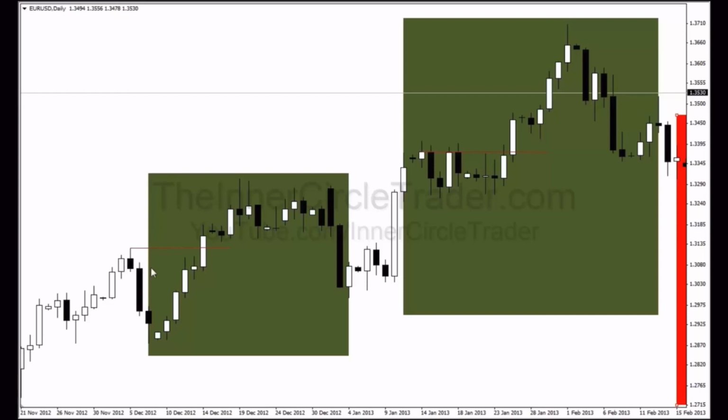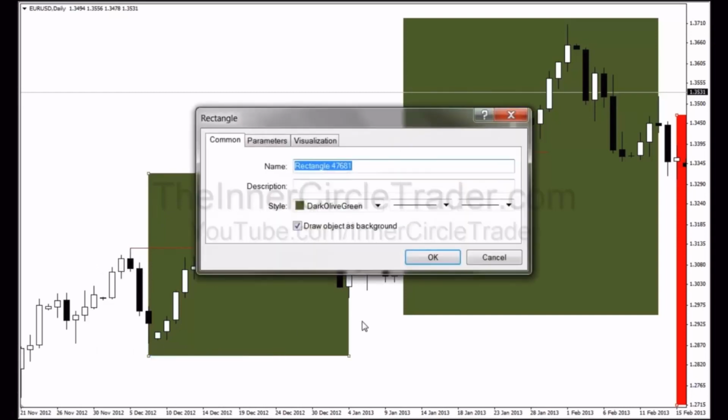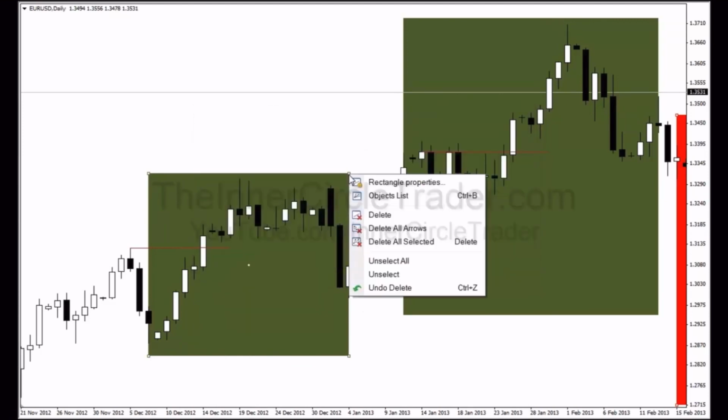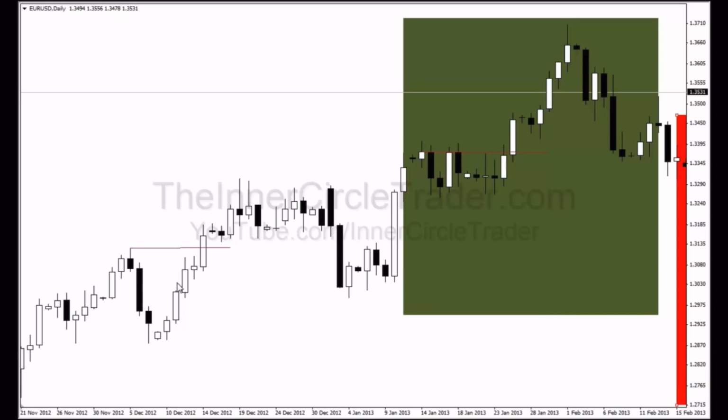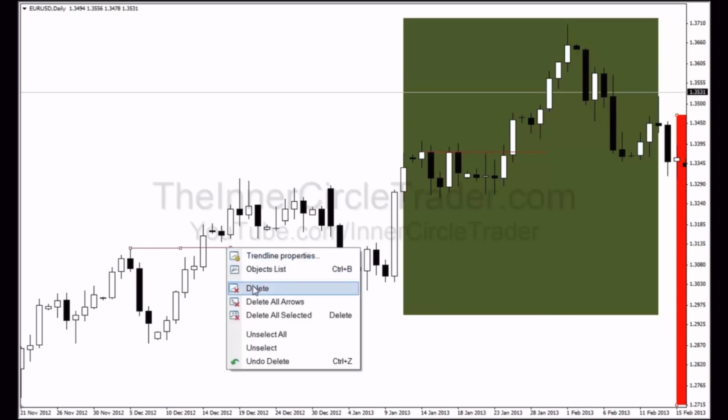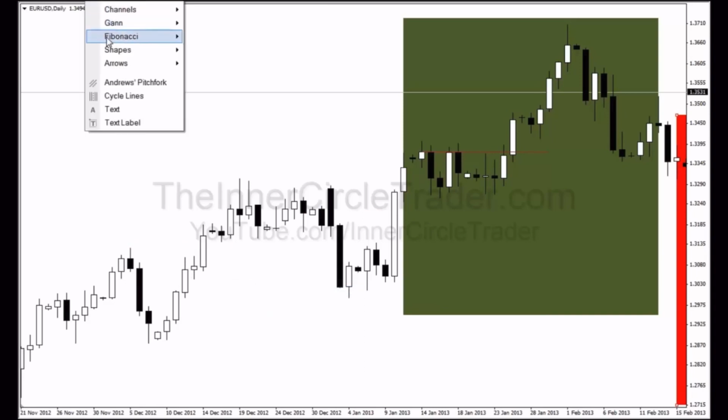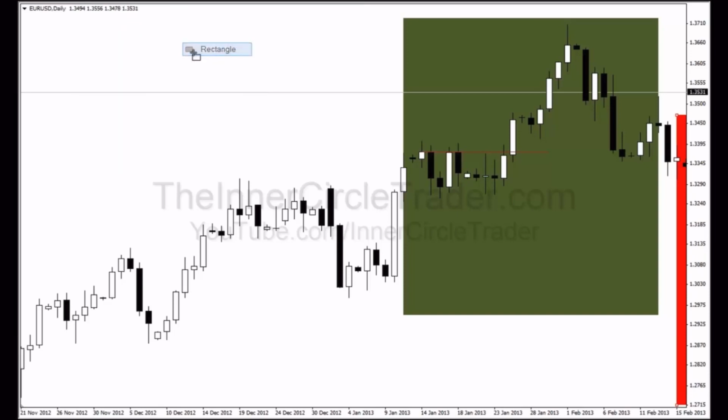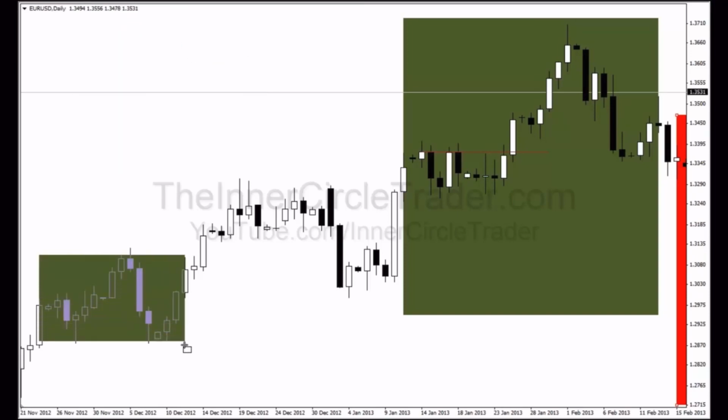We have an area of consolidation right here, and I probably should take these rectangles off. There you go. And we have this consolidation right here.